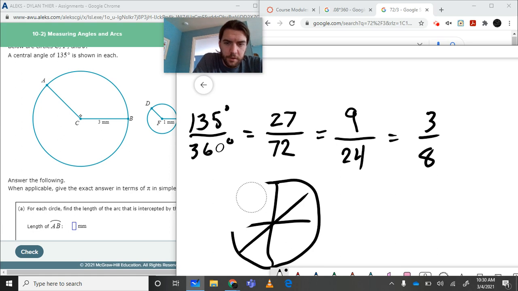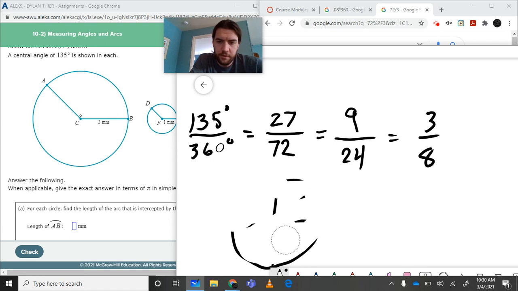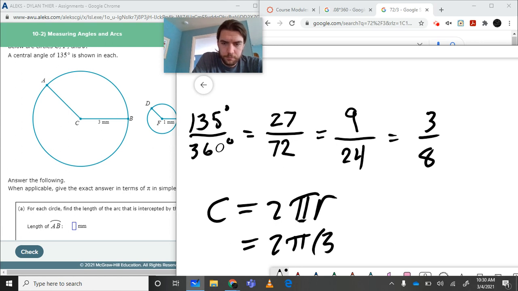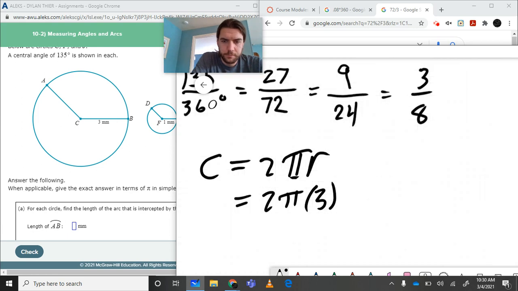Now, if we can figure out the full circumference for each of these, then we just need 3/8 of that circumference. So for the first one, 2 pi times r is going to be equivalent to 2 pi times 3, or 6 pi.